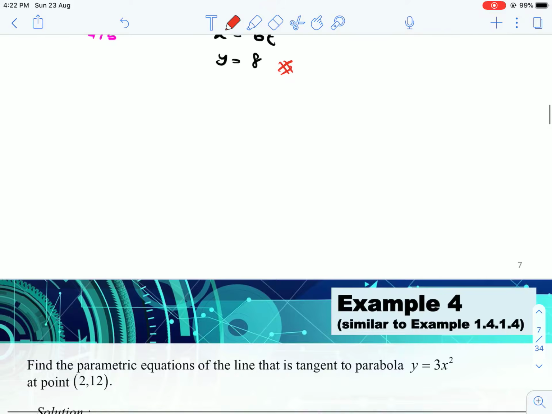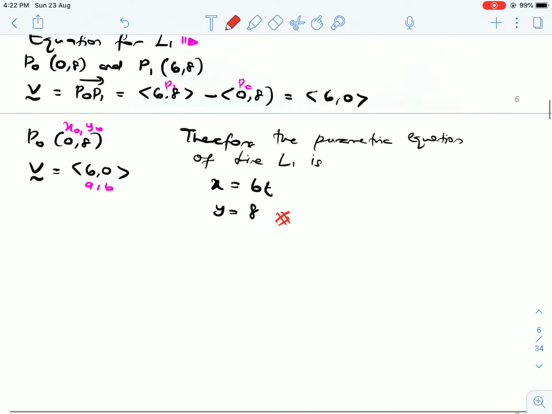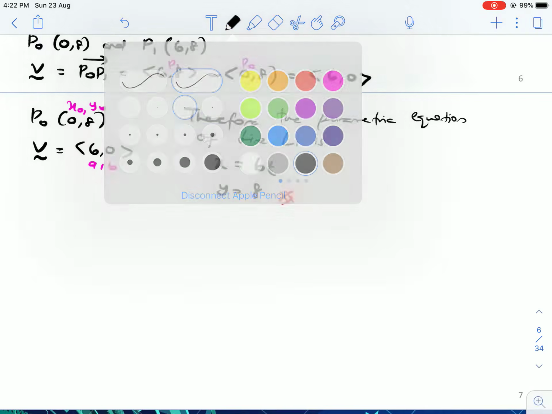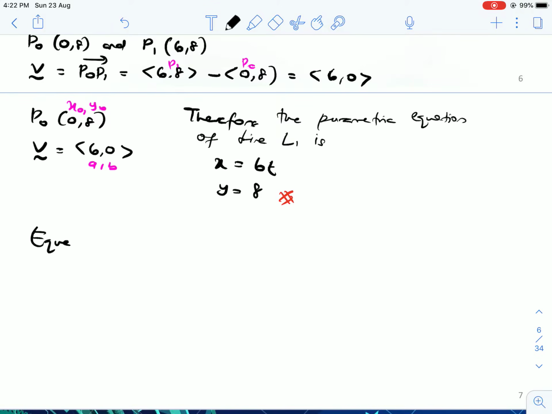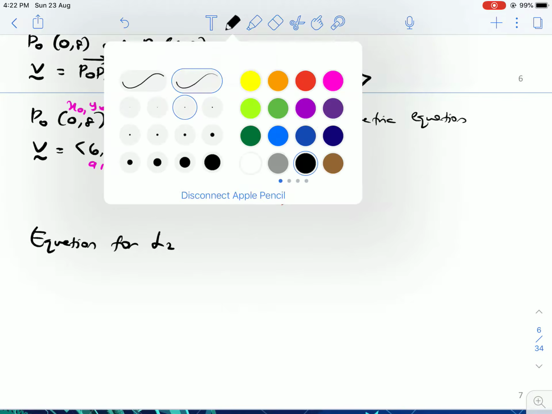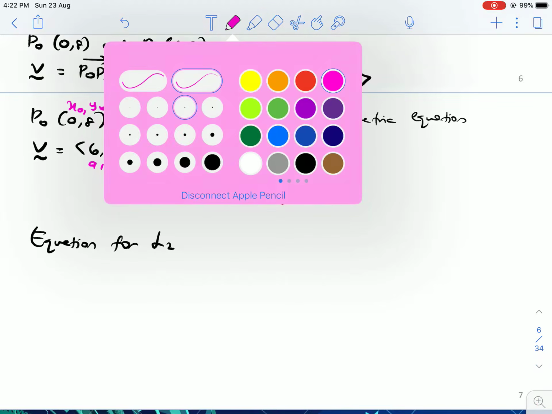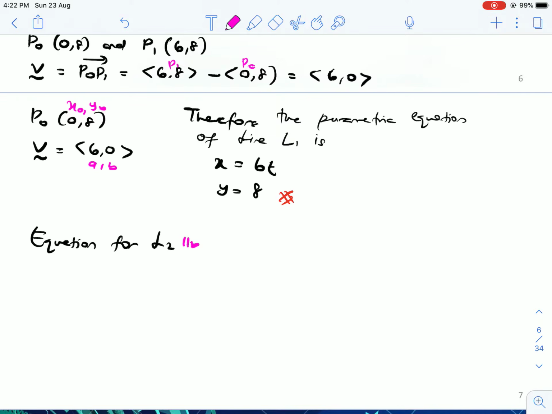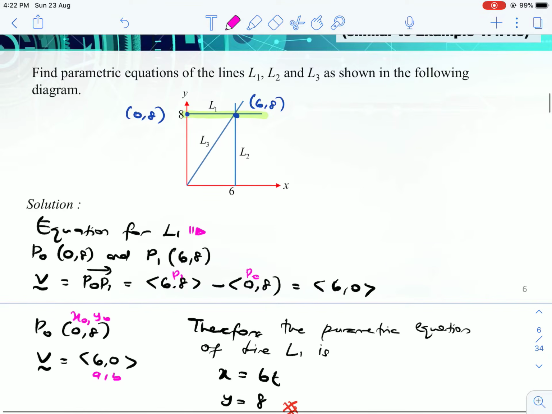Okay, next. Equation for L2. We have L2. So now this is the line for L2.